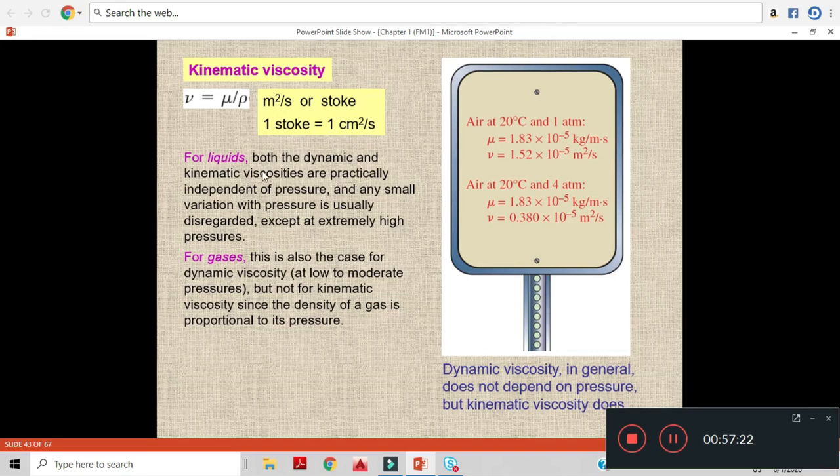For liquids, both the dynamic and kinematic viscosity are practically independent of pressure, and any small variation with pressure is usually disregarded except at extremely high pressure. We call this a kinematic viscosity because in it we do not have any force component.